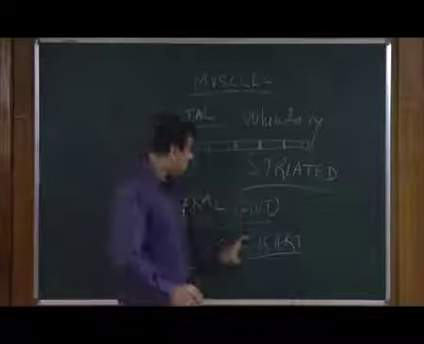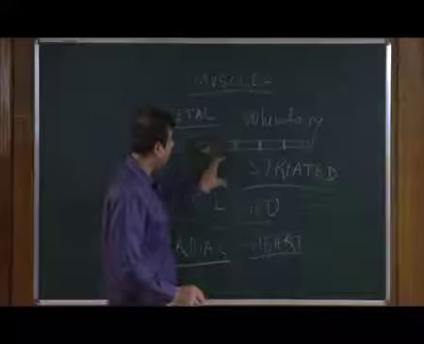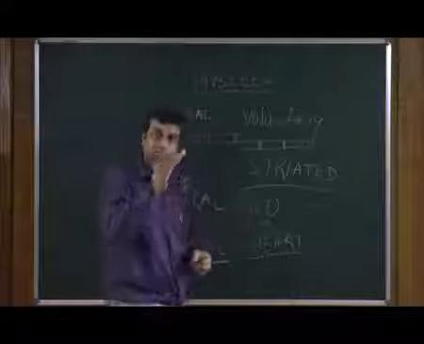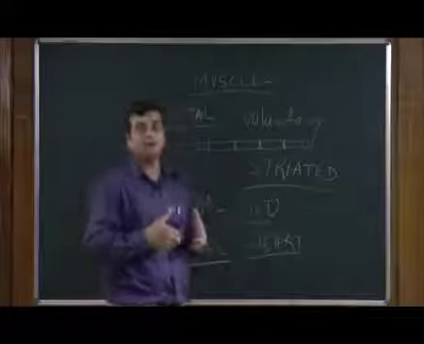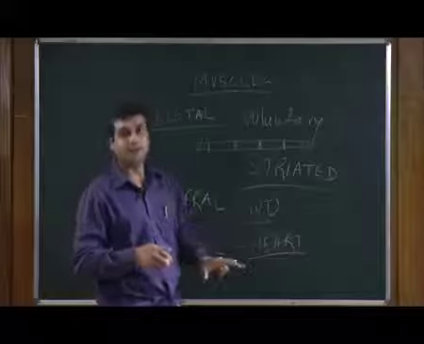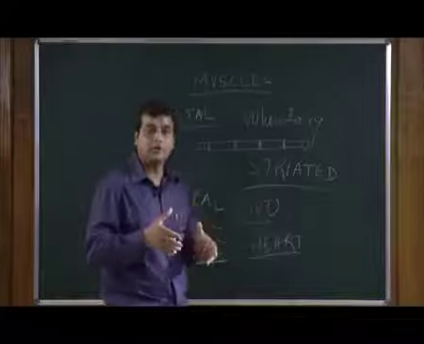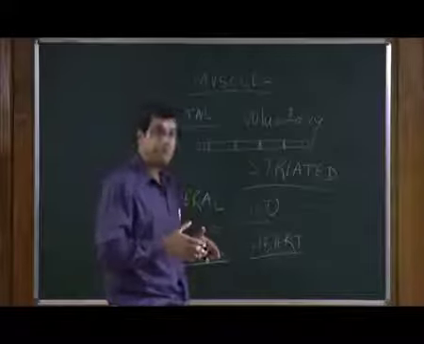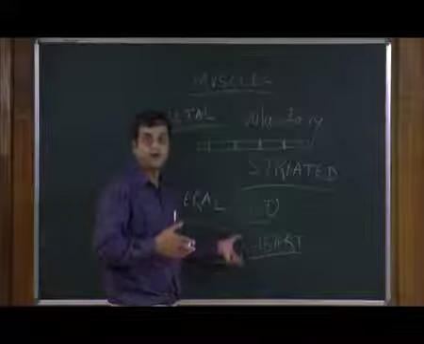What is it here? The muscle of the heart is striated. Striated means it has some sort of distinct demarcation in between. But the heart is not under our control. We can't say stop beating, heart, or stop the heart from beating. This is absolutely impossible. This is not under your will. So basically these heart muscles are involuntary in nature.